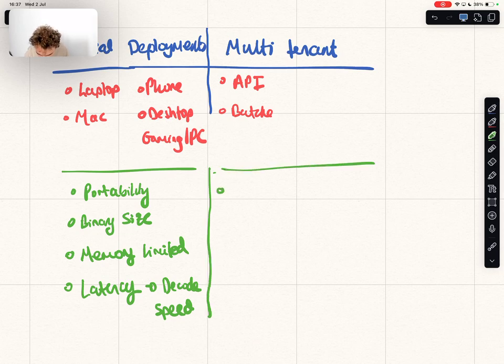In a multi-tenant deployment, you don't care so much about portability. There's only a handful of commonly used pieces of hardware in data center deployments. It's going to be set up once and run for a long period of time. These are high performance machines. You don't care so much about things like binary size. You can always scale the machines outwards to get more memory. What you do care about is throughput.